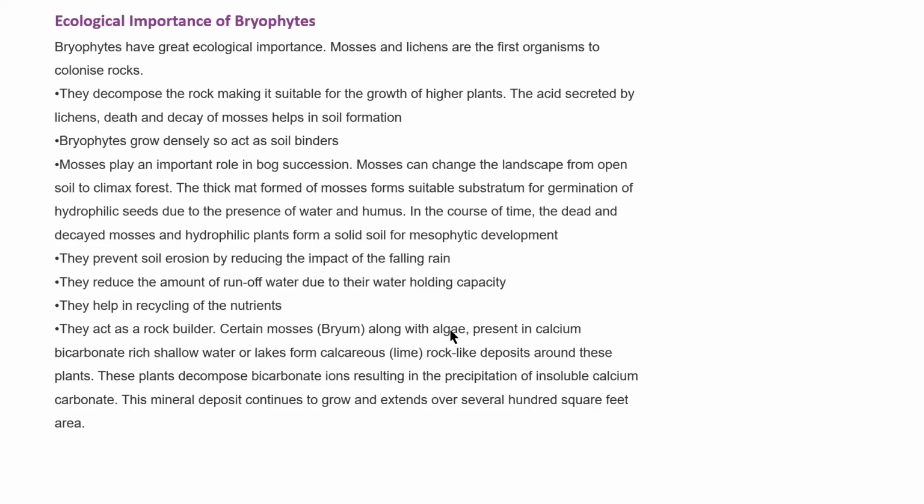So they bind the soil. மண்ணோட ரொம்ப ஒட்டி வளர்றதுனால மண் துகள்களை இறுக்கமாக பிடித்துக்கொள்ளும். So it prevents soil erosion, and that's how they reduce the amount of runoff water.